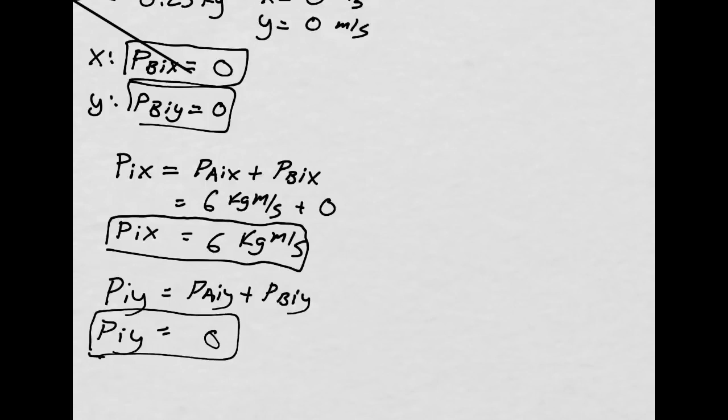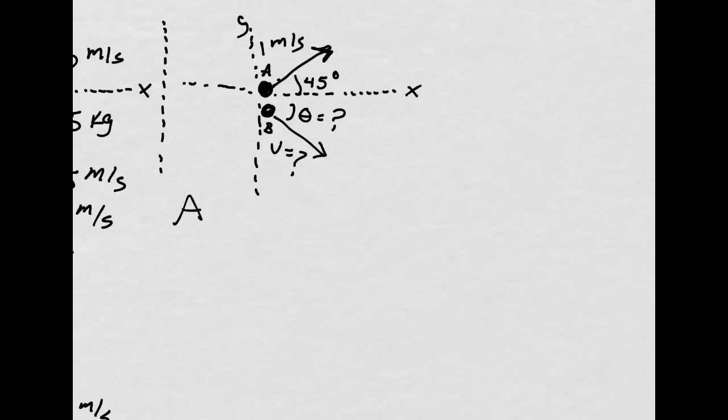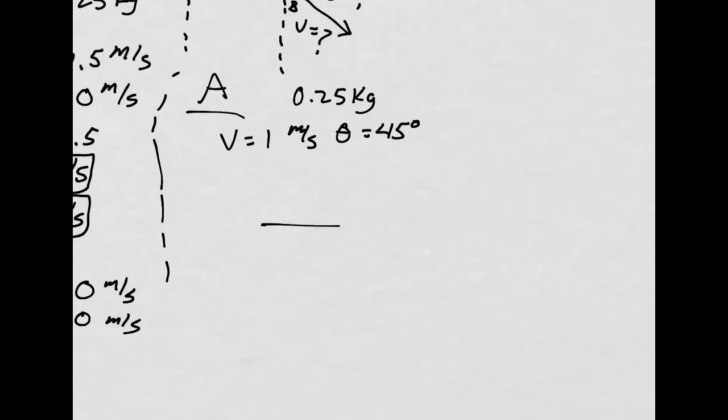So we now have our initial momentum in the x and y directions. Now we have to go to our final momentums and look at those in both directions. We're going to start with ball A, and this is where things get a little more complicated. Ball A still has the same mass, 0.25 kilograms. It has a velocity of 1 meter per second and a theta of 45 degrees. That means it is a right triangle with hypotenuse 1 and angle 45.